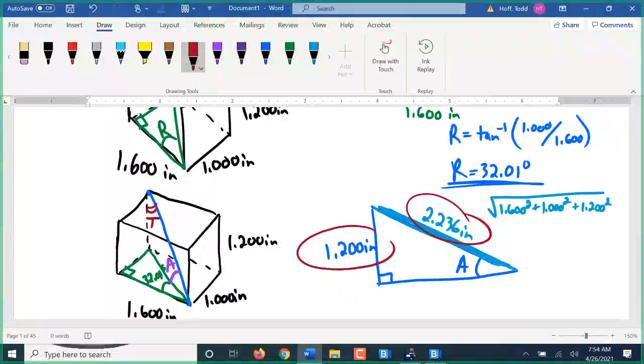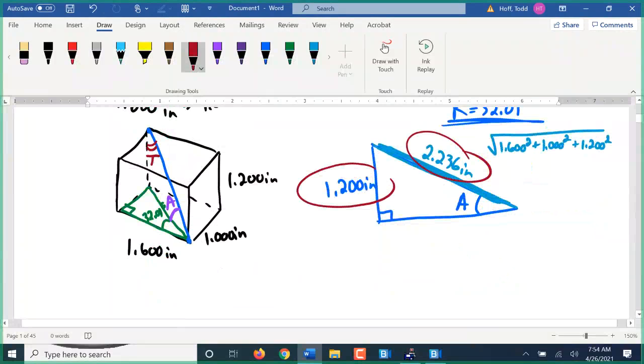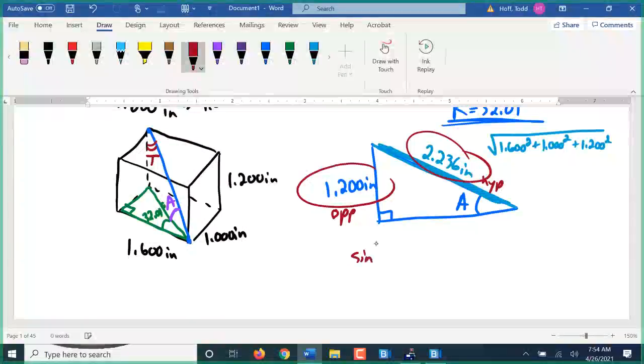Now that we have that, how are we going to find dimension A? Fine, good. The 1.2 is opposite. 2.236 is the hypotenuse. Sine of an angle is the opposite over hypotenuse.